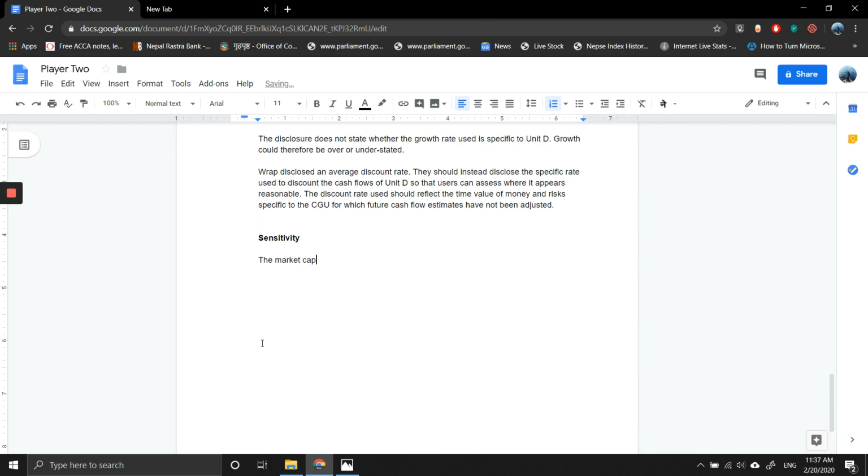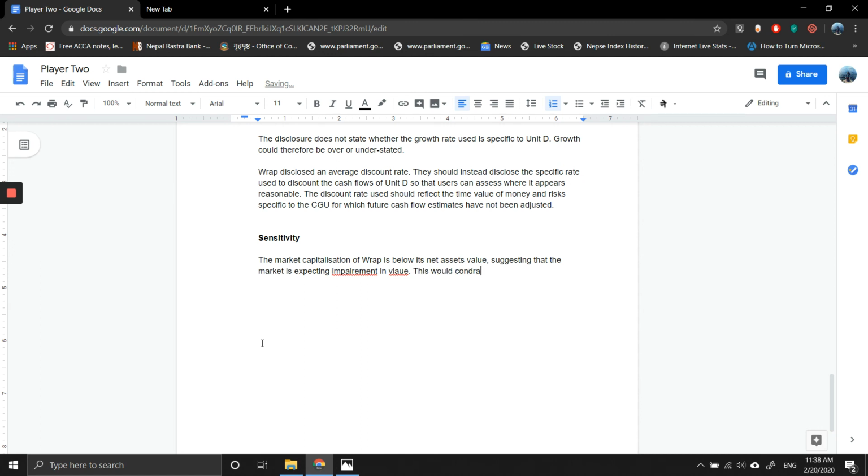Market capitalization is below its net assets value, suggesting that the market is expecting impairment in value.